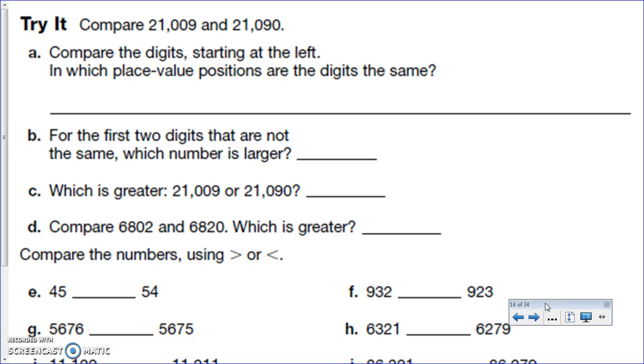Try it. Compare 21,009 and 21,090. Compare the digits starting at the left. So they both have 2's in the 10,000s, then 1 in the thousands, then a 0 in the hundreds, and then the tens, there's a 9 and a 0, and we know 9's greater. So, the place value positions where the digits are the same are the 10,000s, the thousands, and the hundreds.